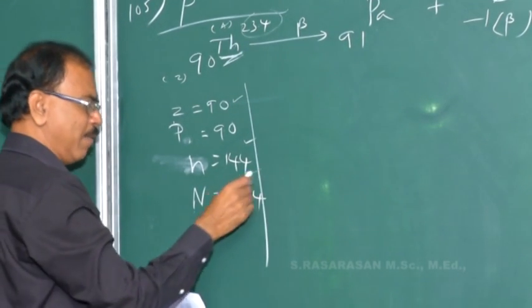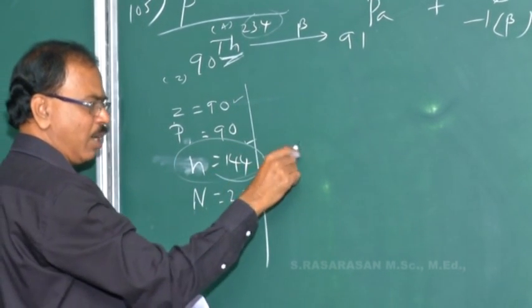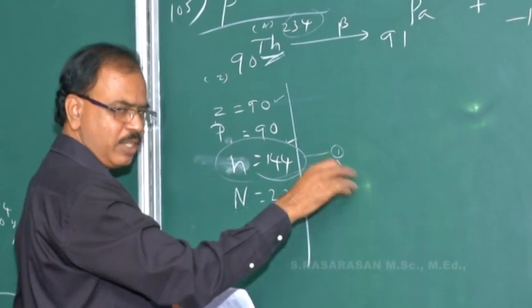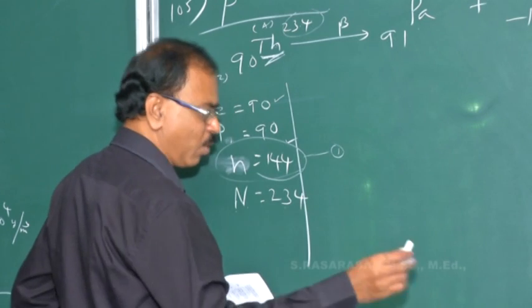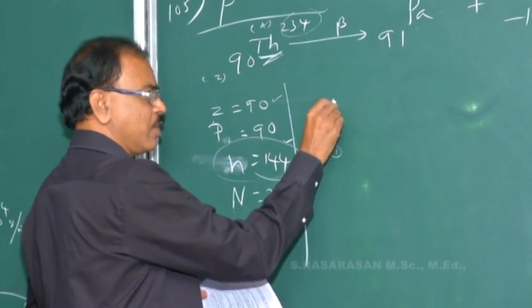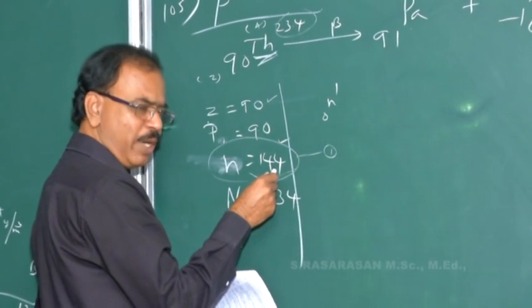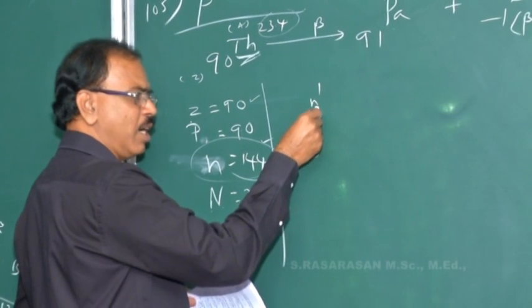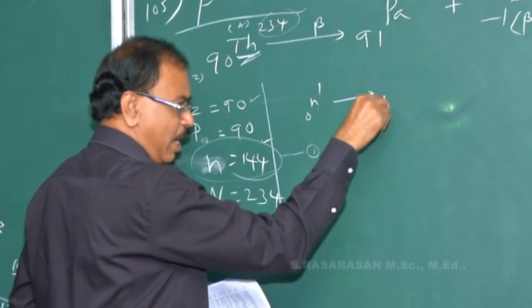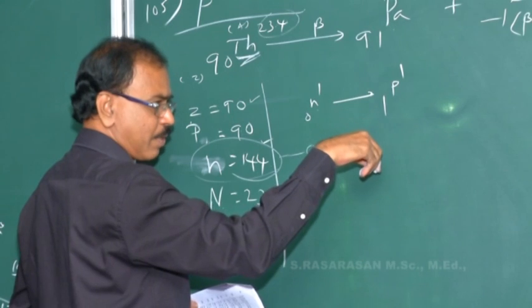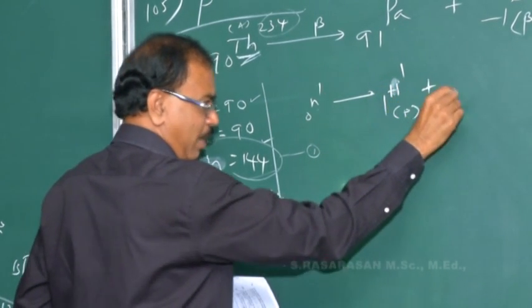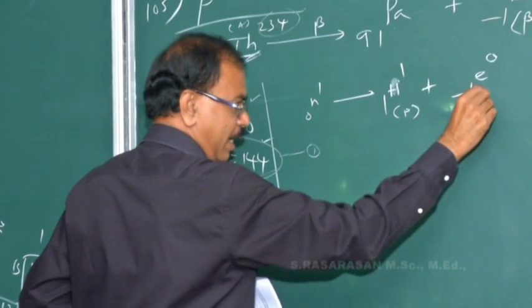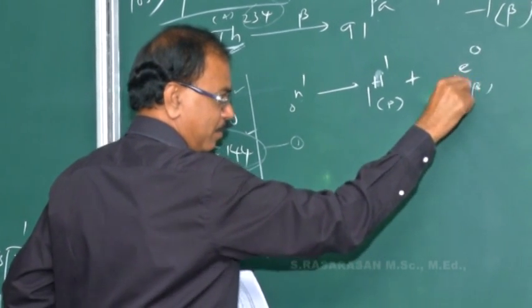Yes, of these 144 neutrons, one neutron is decaying into a proton and an electron. 144 neutron la ஒரு neutron decaying into one H1, that is proton, plus one electron, that is beta particle.